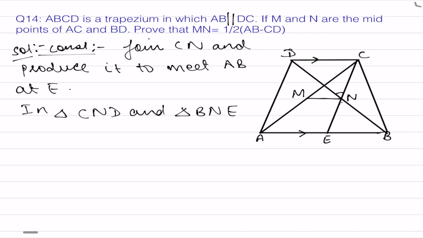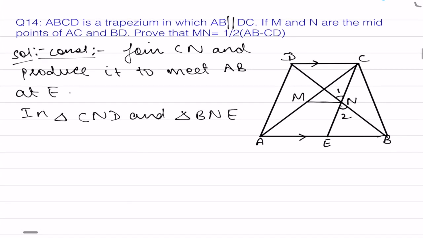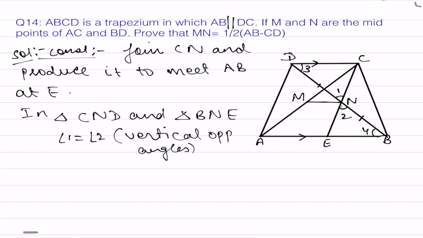In these two triangles we can see the two lines are intersecting. So angle 1 and angle 2 are vertically opposite. These two sides are parallel, so we can say angle 3 and 4 are alternate angles, and N is the midpoint of BD. That means BN and DN are equal. So angle 1 and 2 are equal because they are vertically opposite angles.